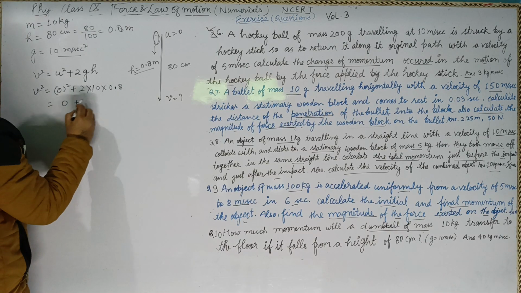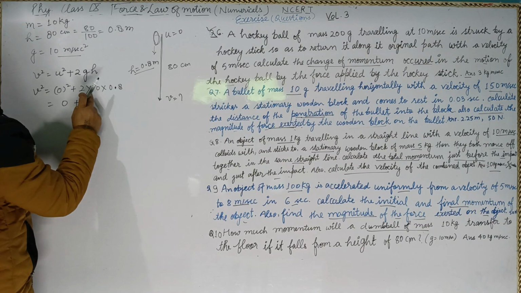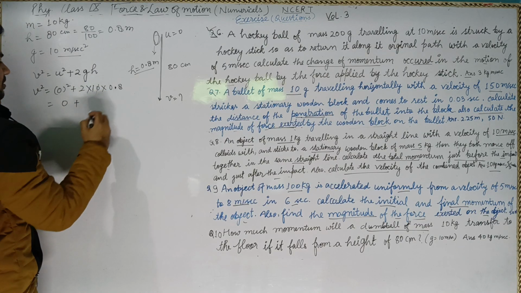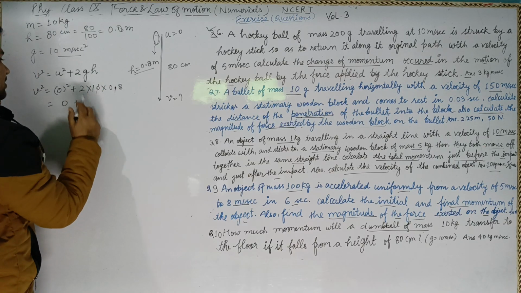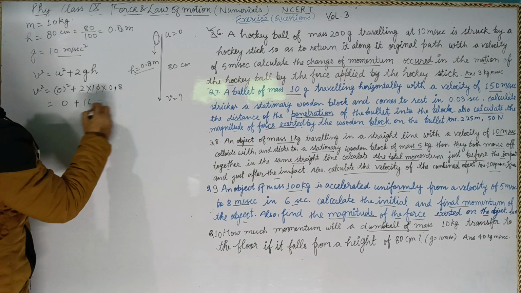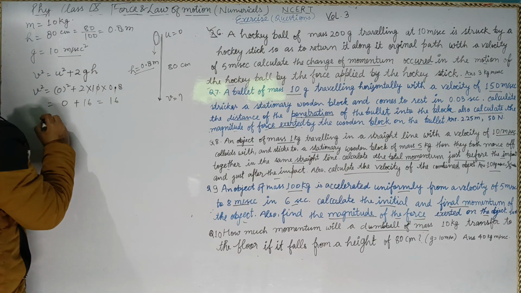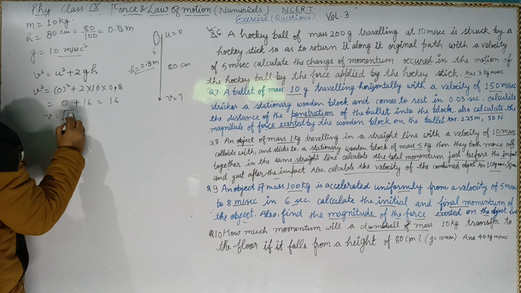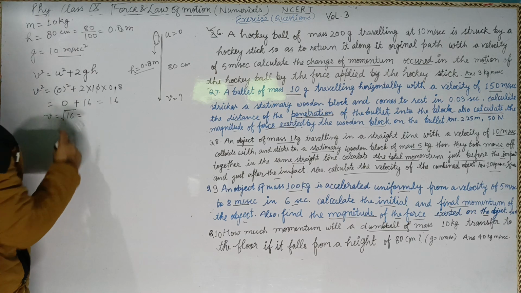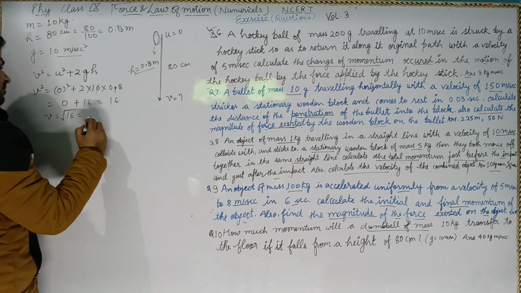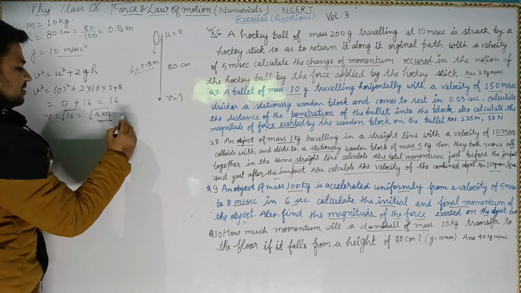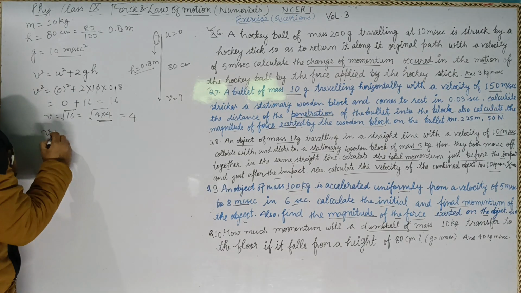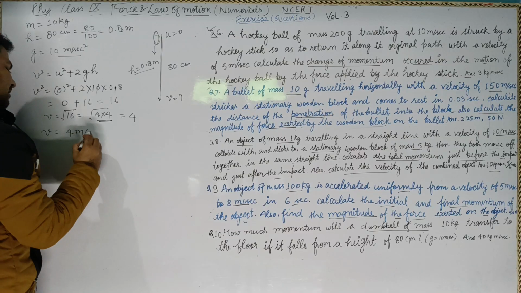So 0 plus 2, we remove the decimal from here. 8 ones are 8, 8 twos are 16, is equal to 16 plus 0 is equal to 16. v is equal to root under 16, square root of 16 is 4, because 4 into 4 is 16. So v is equal to 4 meter per second.